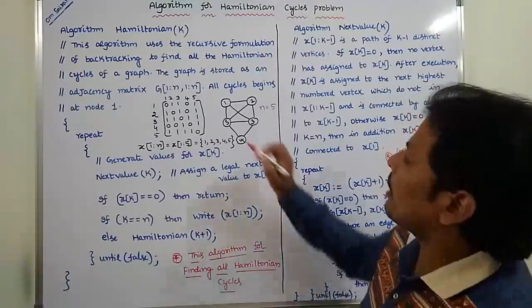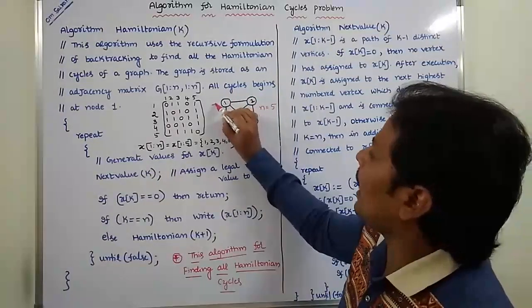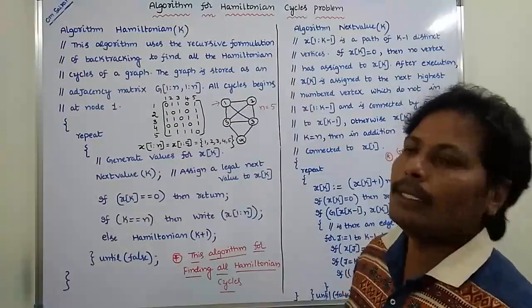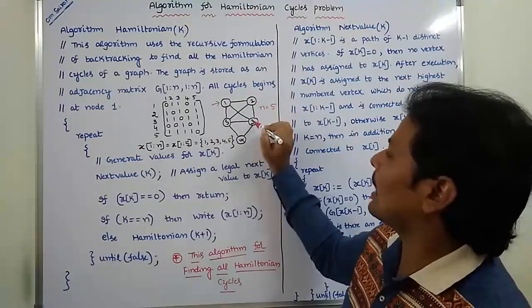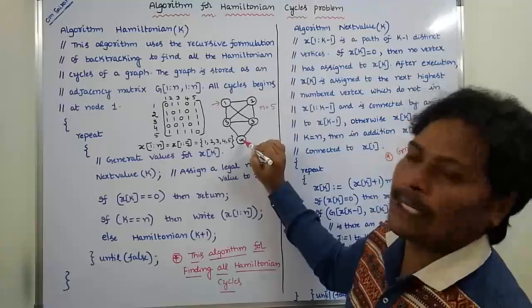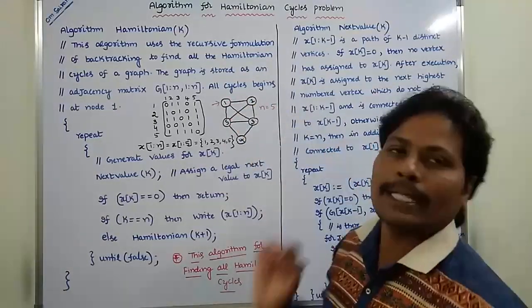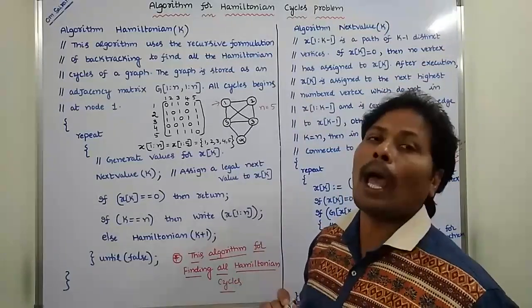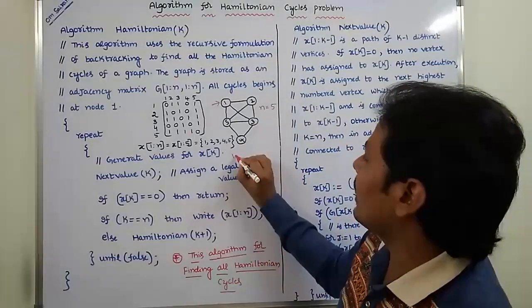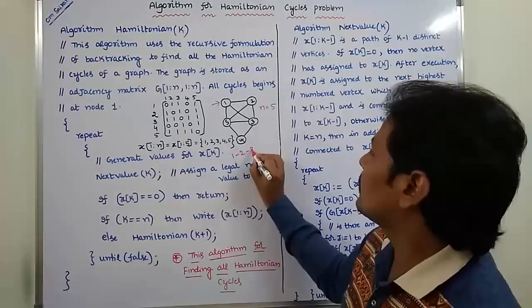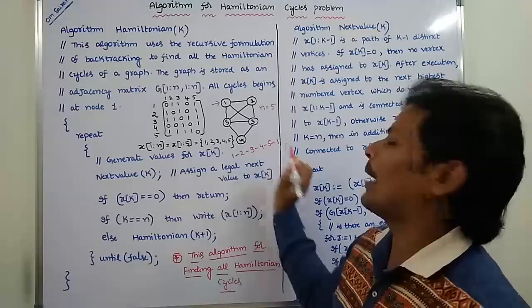One Hamiltonian cycle is: we start at vertex 1, then go to vertex 2, then vertex 3, then vertex 4, then vertex 5, then go back to vertex 1. This is one Hamiltonian cycle: 1, 2, 3, 4, 5, 1.